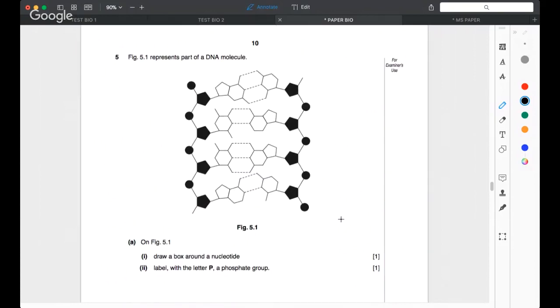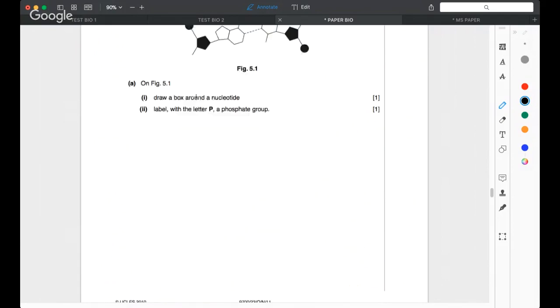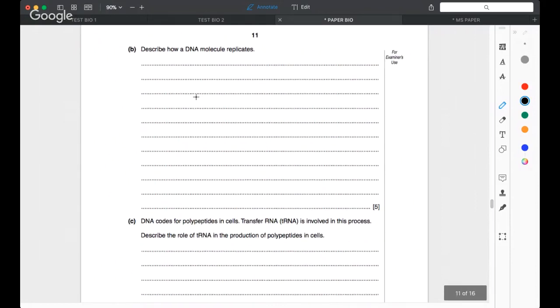A nucleotide is this and this together. So those three. Where's the phosphate? The phosphate's this one. Okay, DNA replication. DNA is unwound and unzipped. Hydrogen bonds break between the strands of the DNA. DNA polymerase forms the sugar phosphate backbone of the two new strands formed, using both strands as templates.